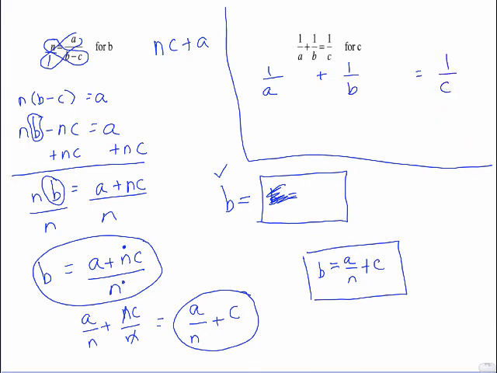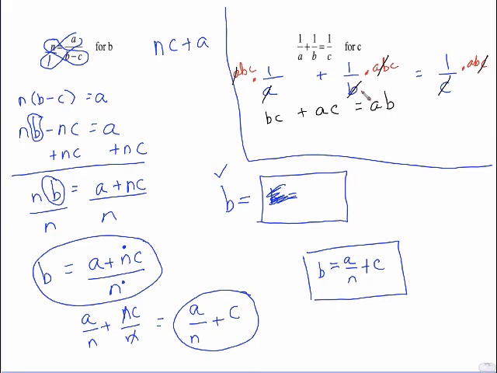So the common denominator is ABC, so multiply by ABC times ABC times ABC, and then cancel. The A cancels, BC times 1 is BC. Here the B cancels, AC times 1 is AC, and over here the C cancels, and AB times 1 is AB.